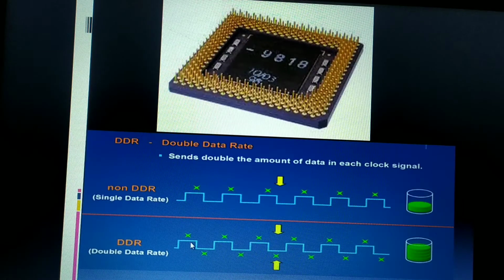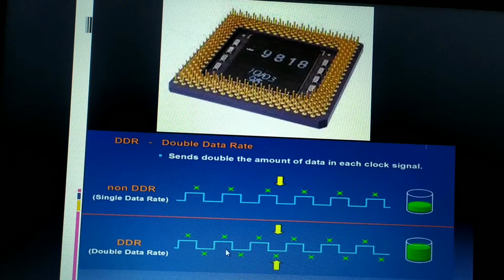This is the rising edge. When the signal is high, when the signal is 1, the data is transferred. Even when the signal is low, the data is transferred. High and low, you can see here. That is the reason it will have the ability to transfer double the amount of data compared to non-DDR. So if the capacity here is 32 bits, then the double data rate random access memory is almost having a 64-bit data transfer rate.